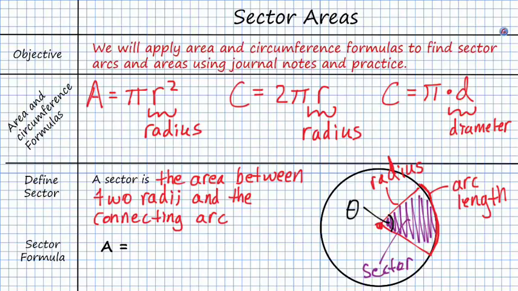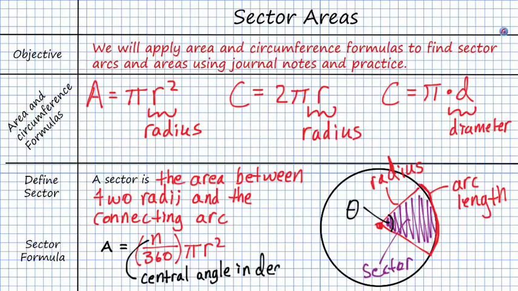So when we're talking about the area here, the area will be equal to n over 360 times pi r squared. And in this case, this n is the central angle in degrees.